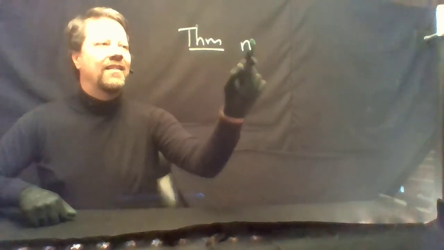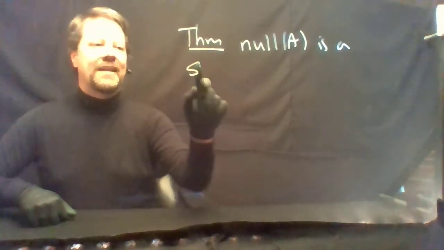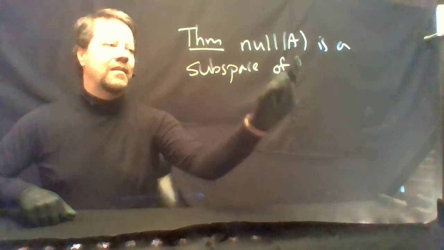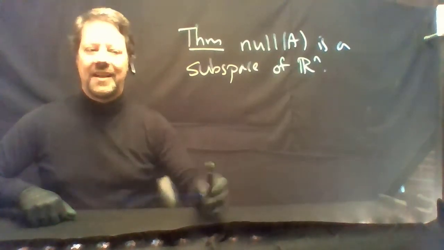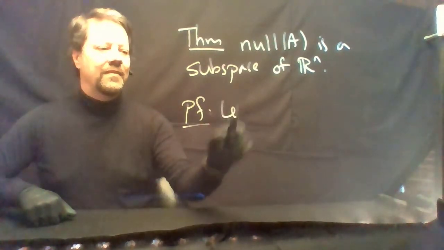We'll have the following little theorem. The null space of A is a subspace of Rn. The proof is pretty simple.